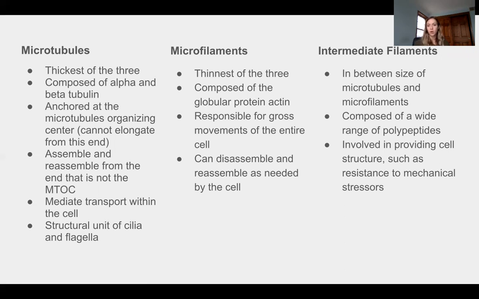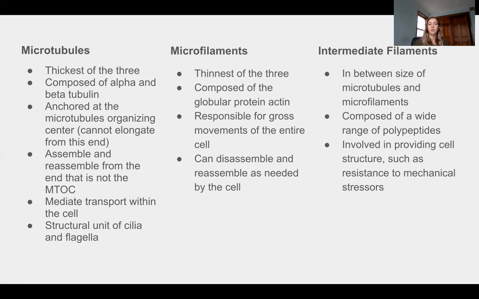So microtubules are the largest of the 3, and they're composed of alpha and beta tubulin. So the alpha and beta tubulin will form basically a sheet which rolls into a big tube. So microtubule, think of it as actually tube shaped.